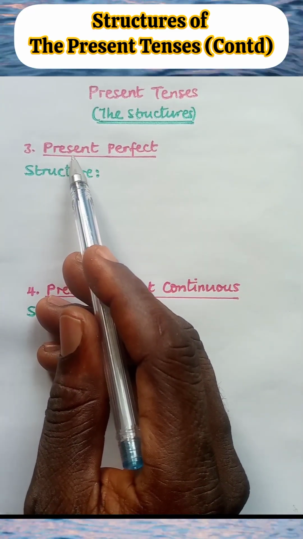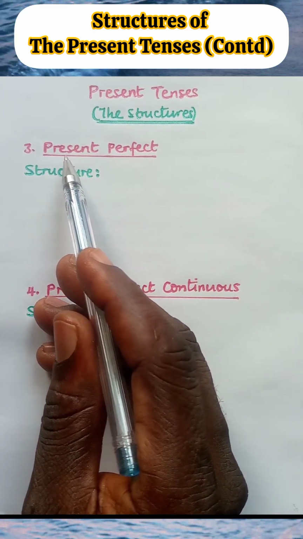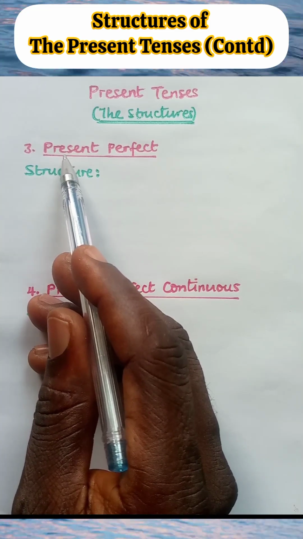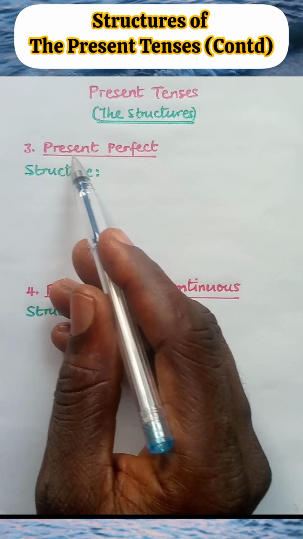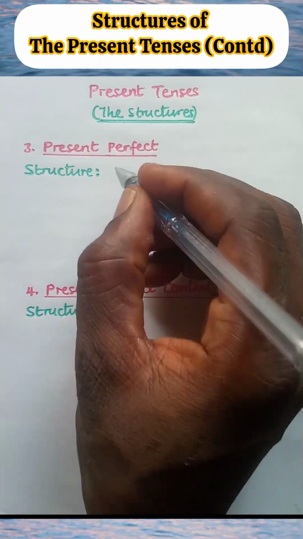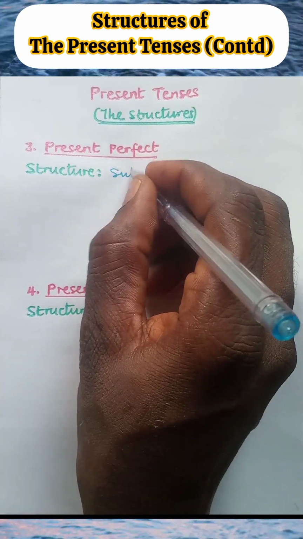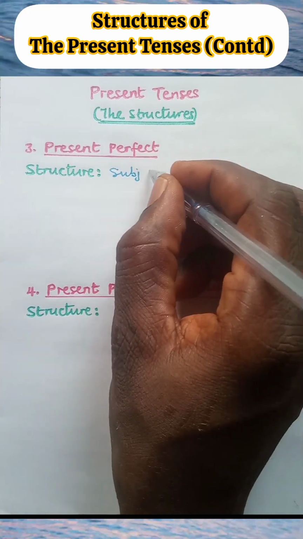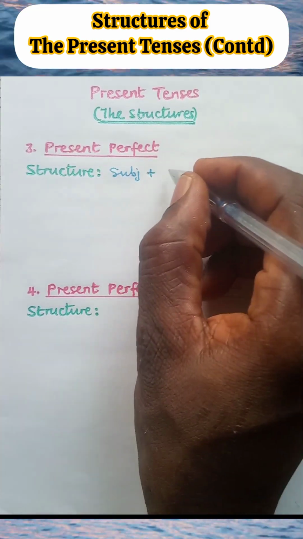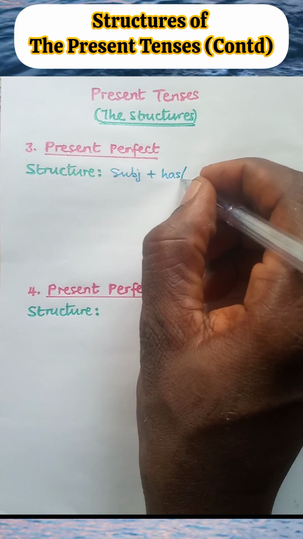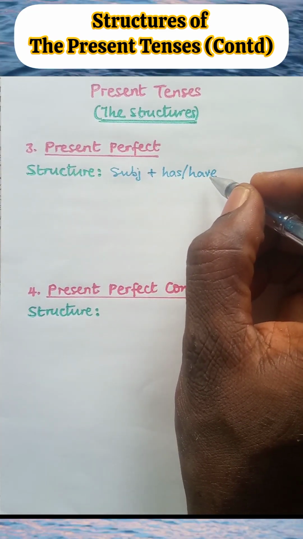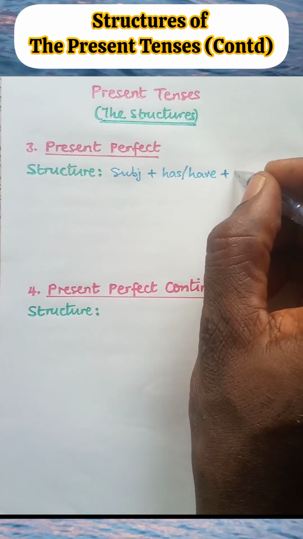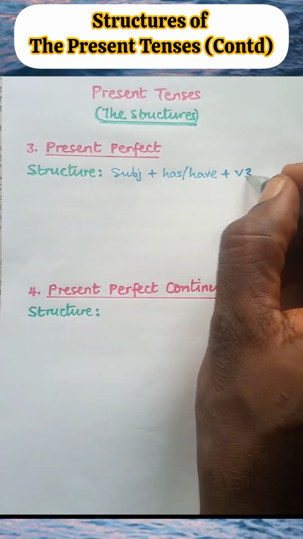Now, two verbs are required to form the present perfect tense. One to represent present and the other to represent perfect. Now, here is the structure of the present perfect tense. Of course, we have the subject of the sentence, plus either has or have, depending on the number of subjects, and then plus a verb 3.